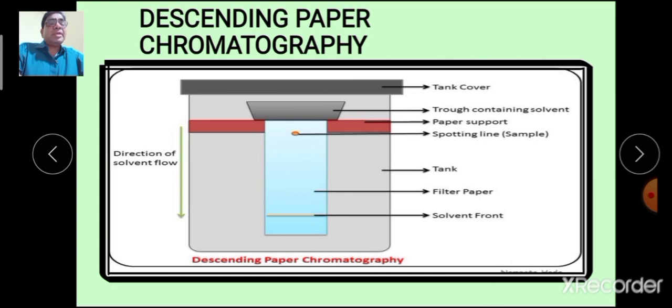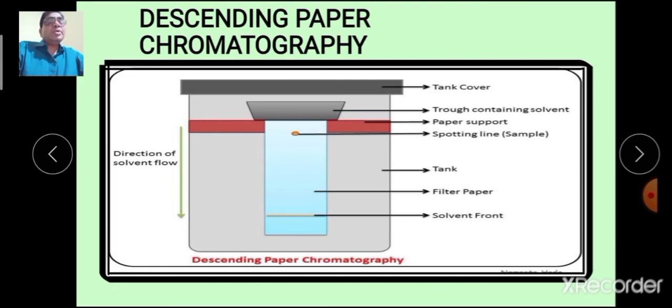The development of the paper is done on two bases, depending upon the distance or depending upon the time. After development, the paper is removed from the solvent chamber. It is dried, the components are located and the distances are measured, and from those distances the Rf value is calculated.